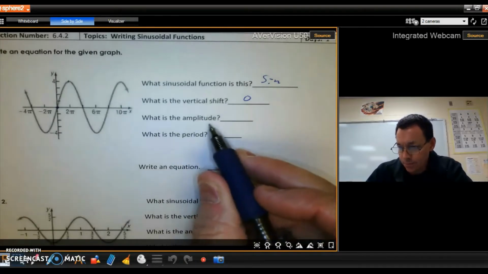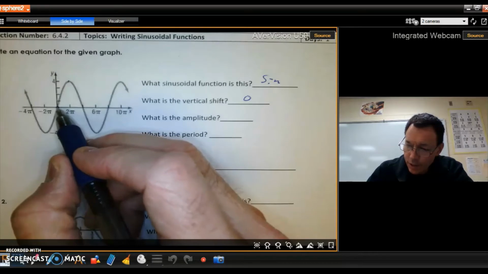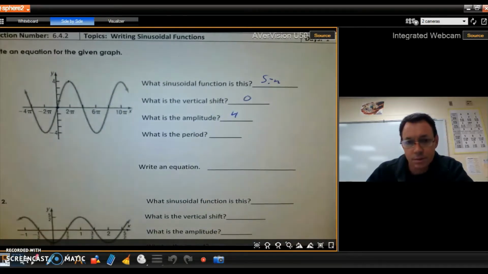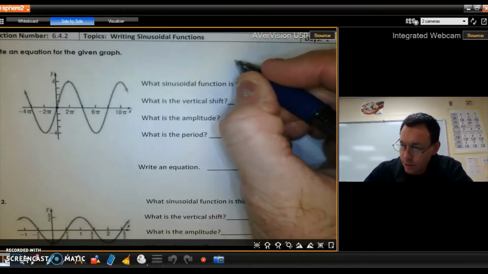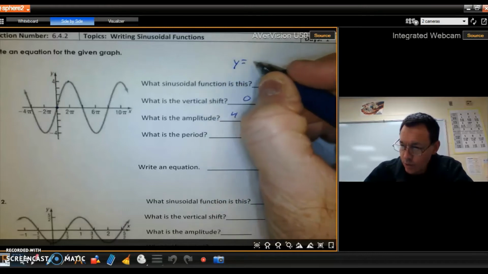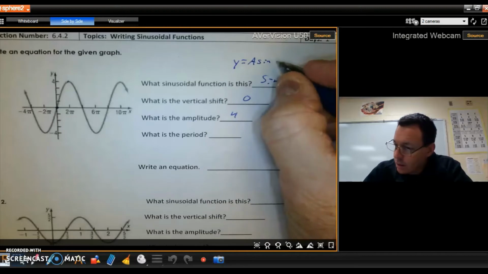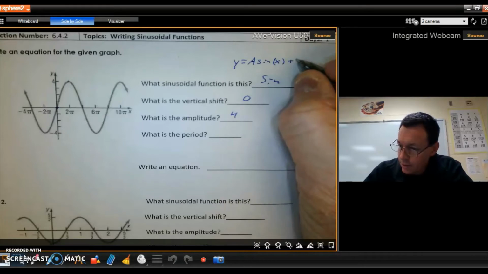What is the amplitude? Well, if we start here and go up to 4, that's our amplitude. So remember what we're trying to figure out: y equals a sine of kx plus h.